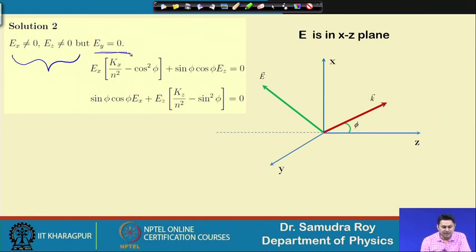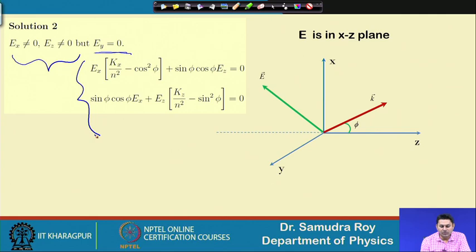That means essentially the E vector is in the x and z plane. So, I put the E vector in the x and z plane. The xz plane is the plane of this paper or slide, and in this particular plane if the E vector is there, then the solutions we have are these.